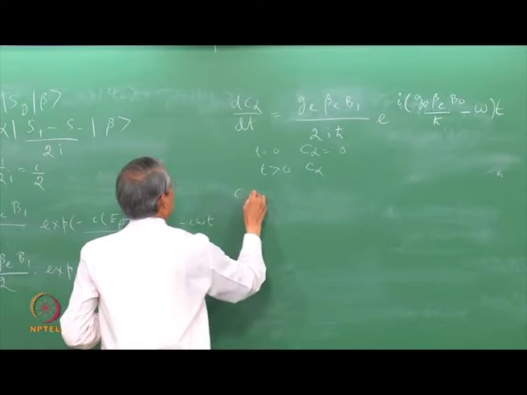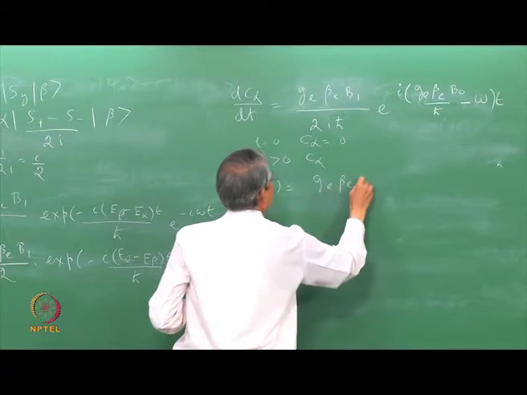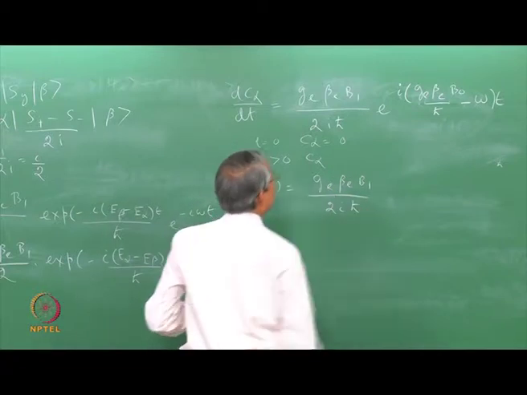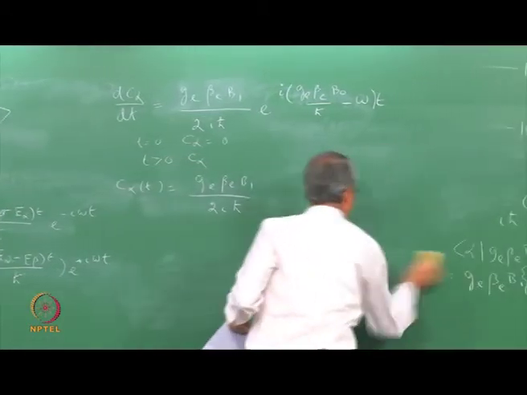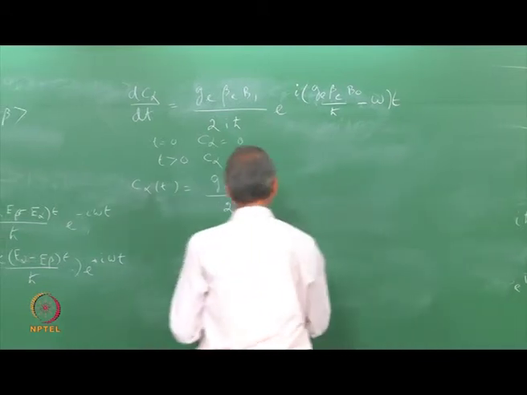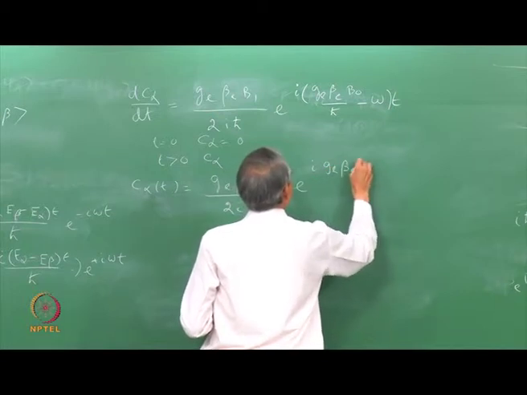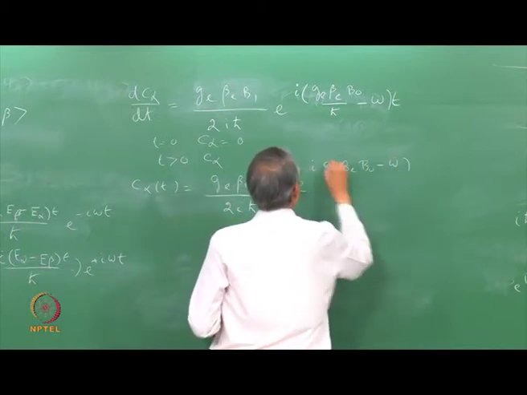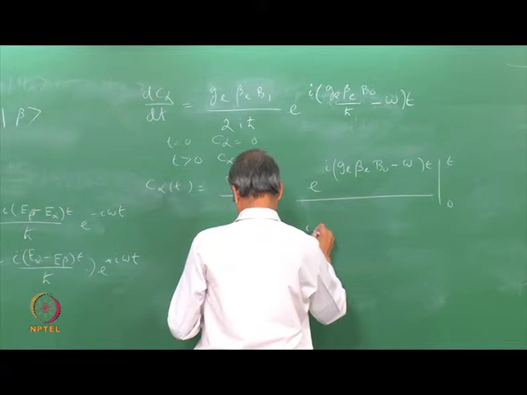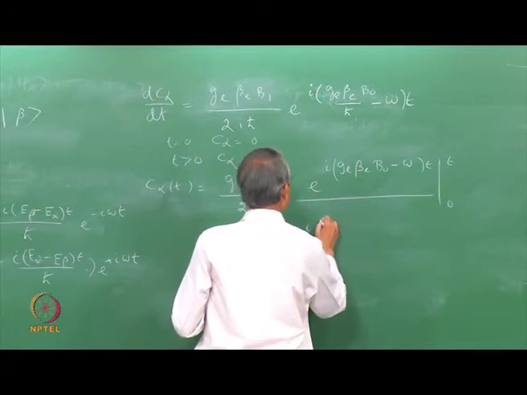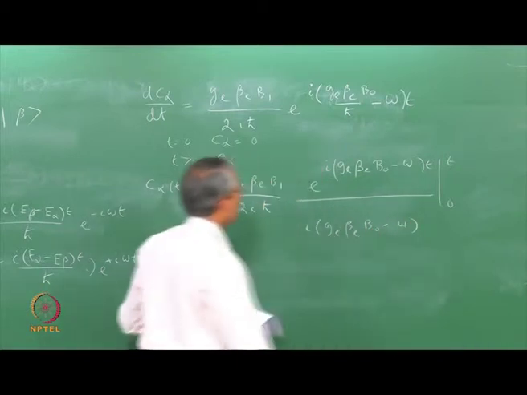So, this gives C alpha as a function of time, and if you integrate this, that is where it comes out to be.